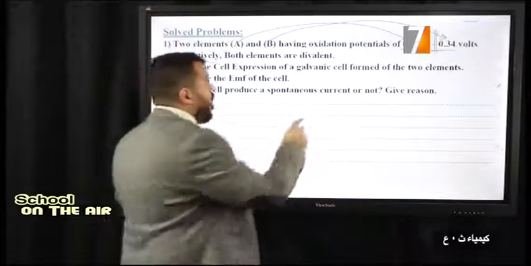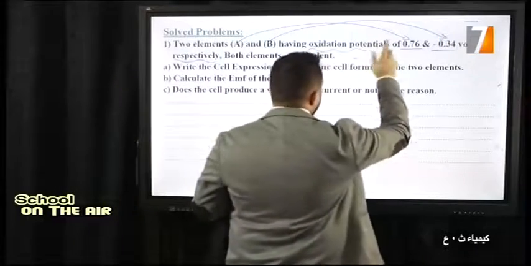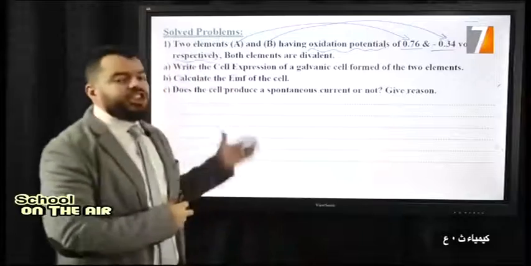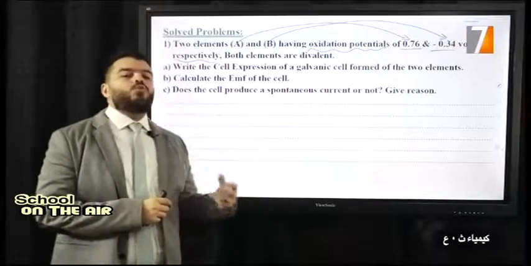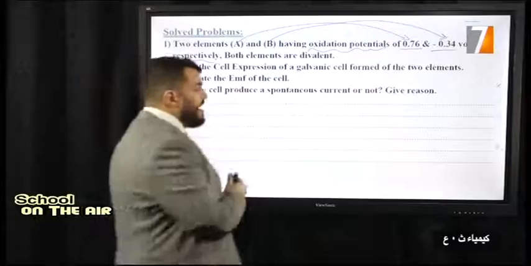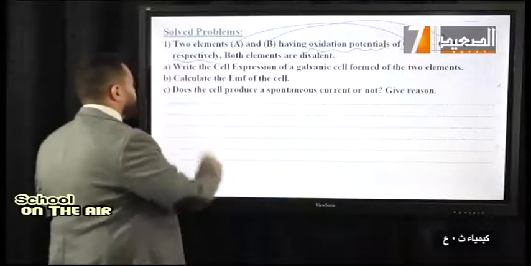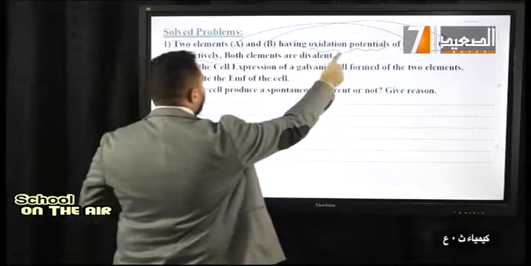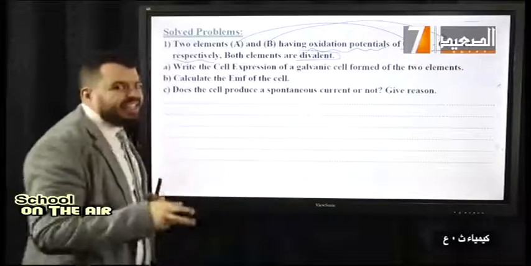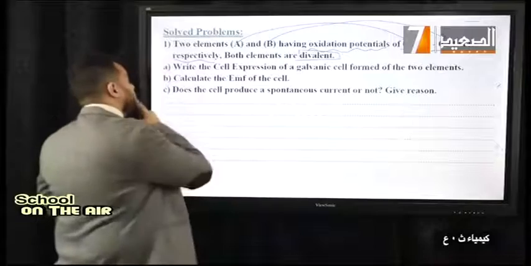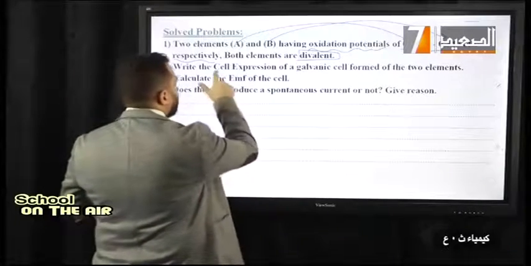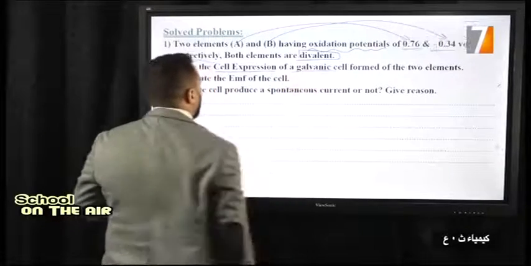And the two given are oxidation potentials. So if he asks us to measure the electromotive force, you will have to make the higher oxidation minus the lower oxidation. Both elements are divalent, so their valency equals 2. Write the cell expression or the symbolic representation for the galvanic cell formed.